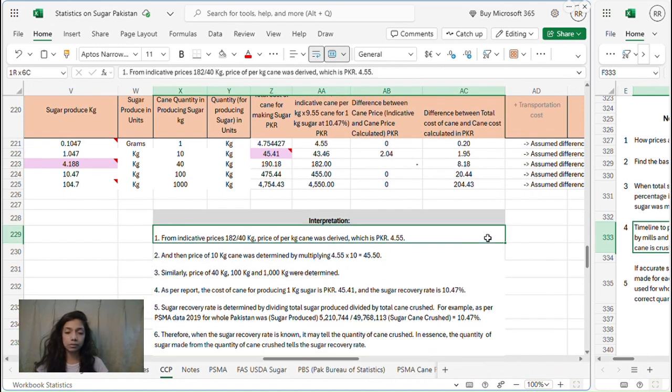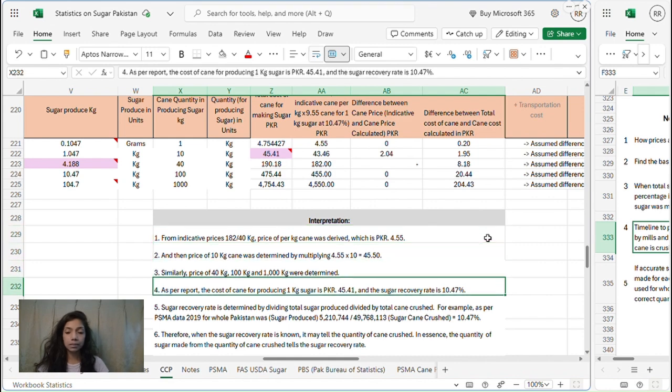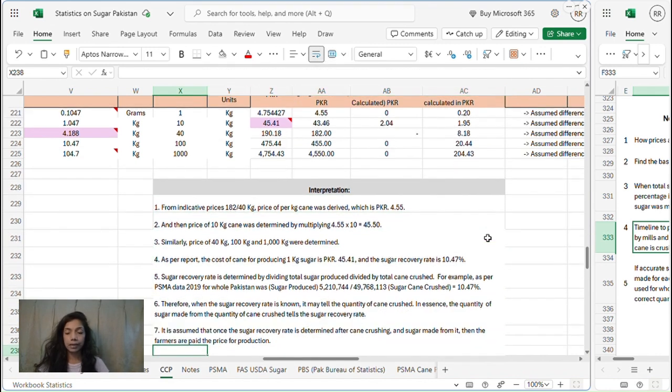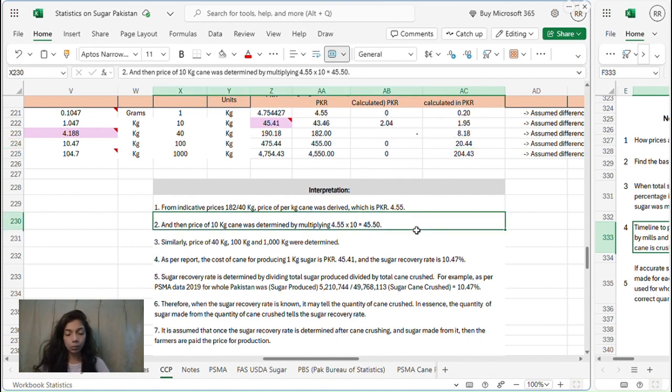Now, today I wanted to go with this interpretation of this table, so that it creates a clear understanding of how these numbers are derived, as part of documenting this work.